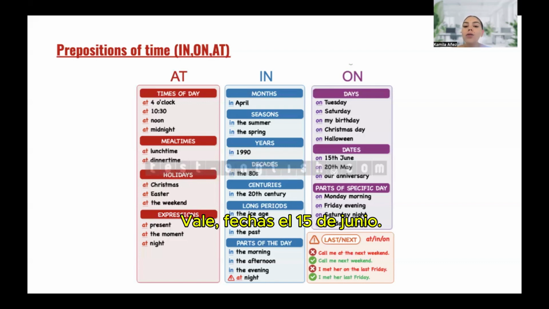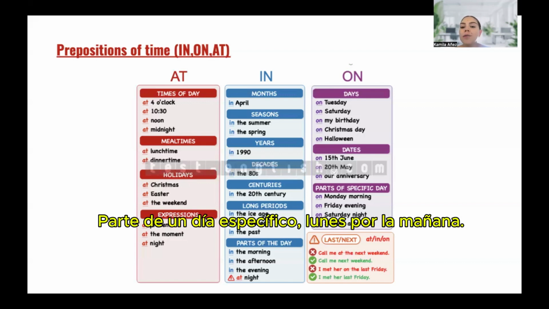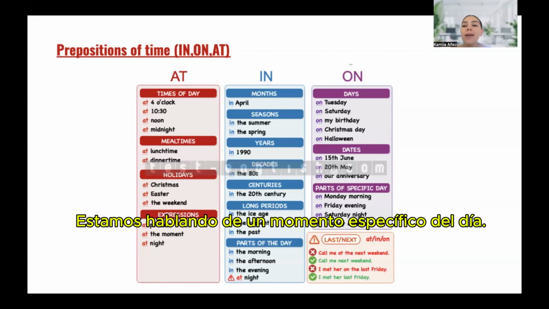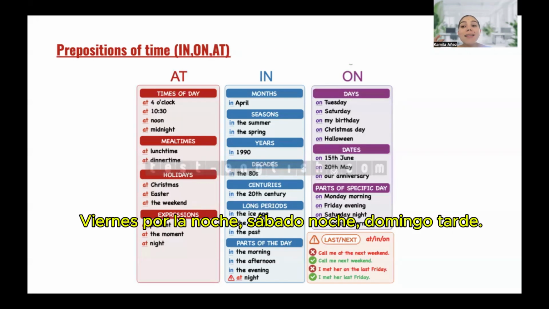Dates: on 15th June, on 20th May, on our anniversary. Part of a specific day: on Monday morning, we're talking about a specific time of the day. On Friday evening, on Saturday night, on Sunday afternoon.